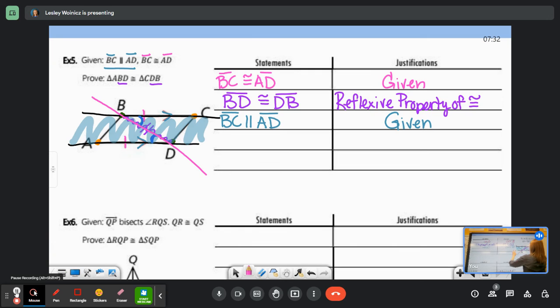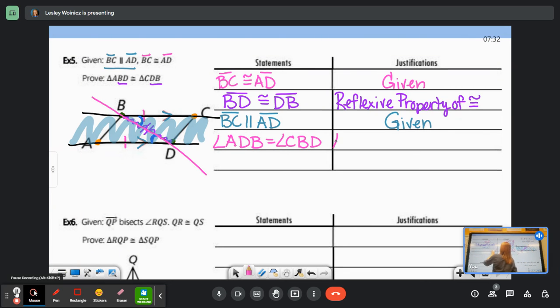So I'm going to say that angle CBD, I started with the second triangle. I don't know why I did that. CBD is congruent to angle ADB, yep.